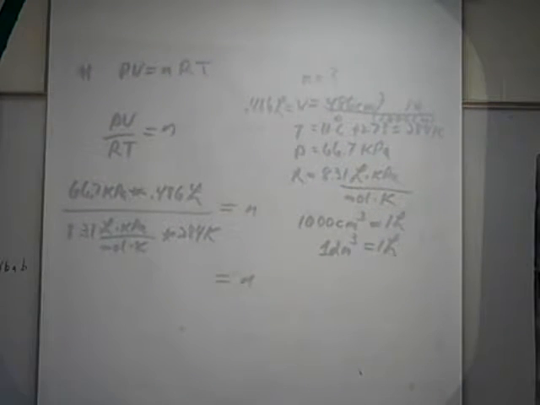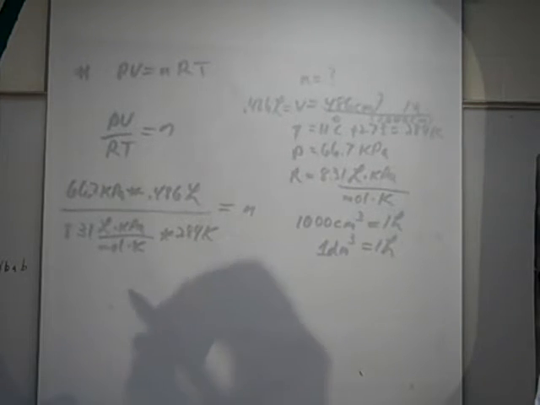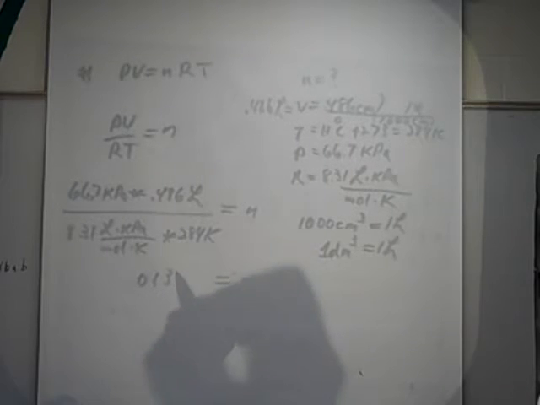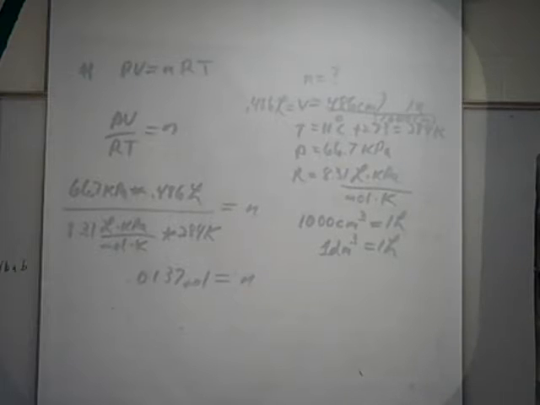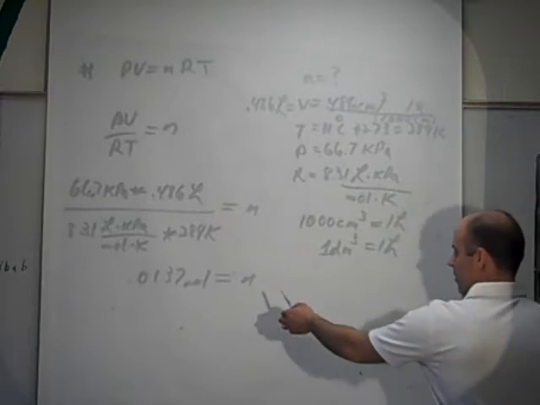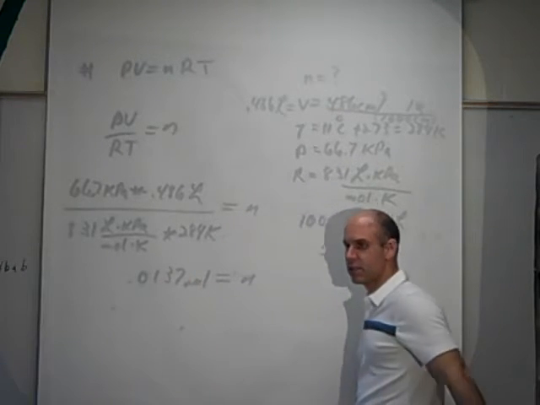When I do this, I get 0.0137 moles with 3 sig figs. I've got the unit on there, that's half a point, and my sig figs, that's half a point.